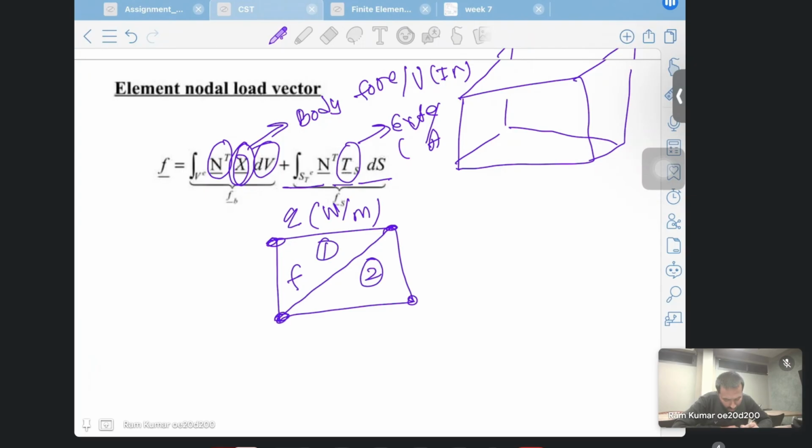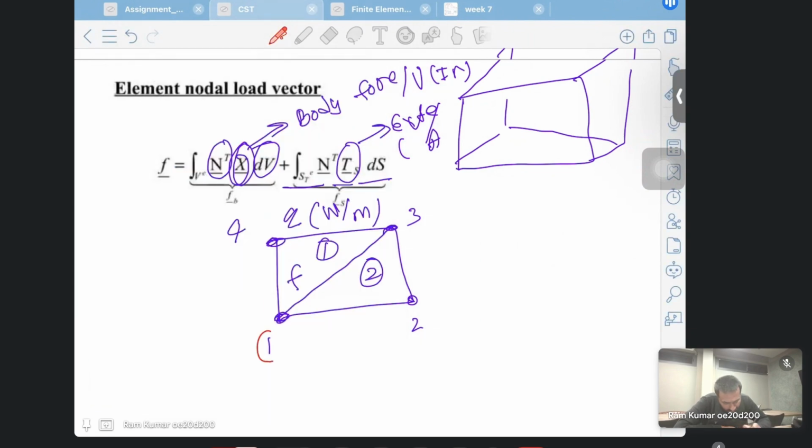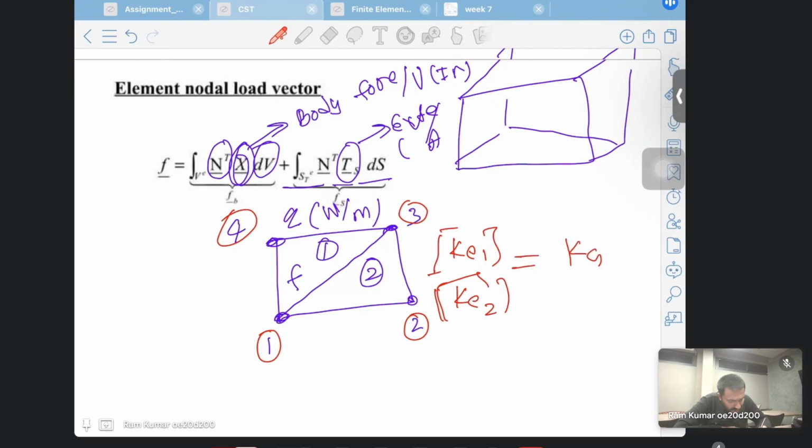Yes, sir. So this is node 1, node 2, node 3 and node 4. First, you calculated the element stiffness for element 1 and element 2. You got this one, right? Yes, sir. Then you added them and got one global matrix, K1 plus K2.